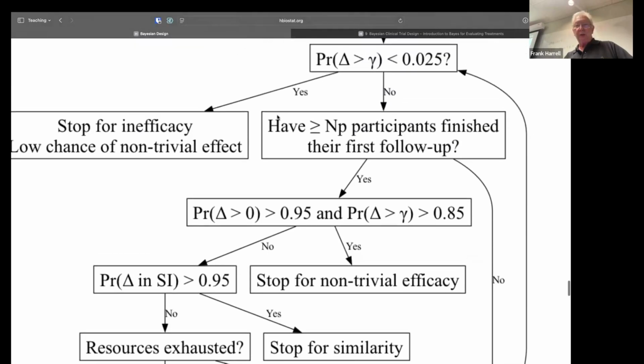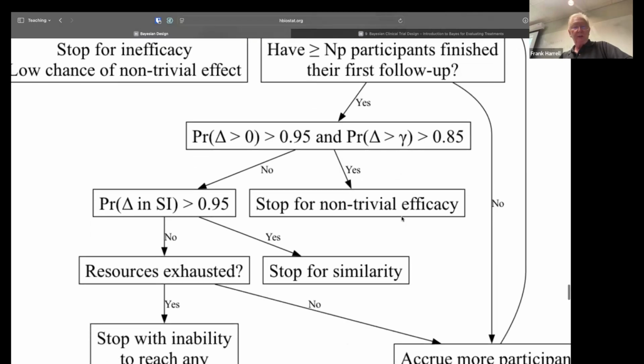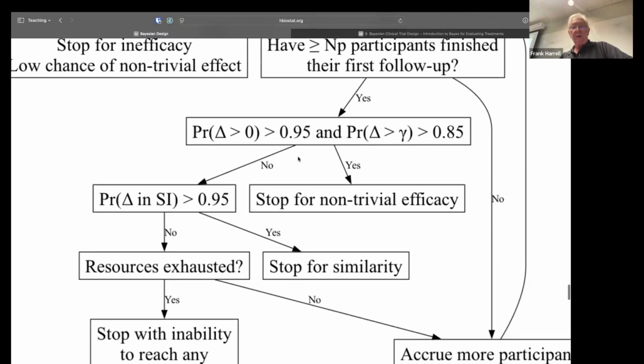And if we're up to this point now, we can look at our evidence. We have strong evidence for efficacy, and we have pretty strong evidence for greater than trivial efficacy. This might be MCID over 3. Now, is that met? Well, if that's met, you stop with a conclusion of non-trivial efficacy.